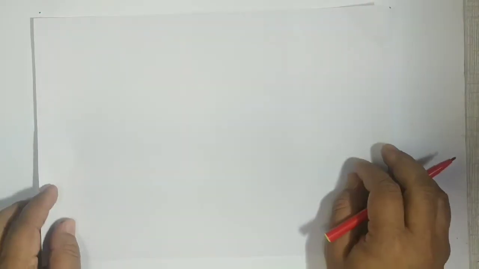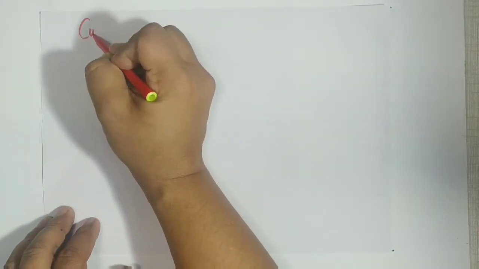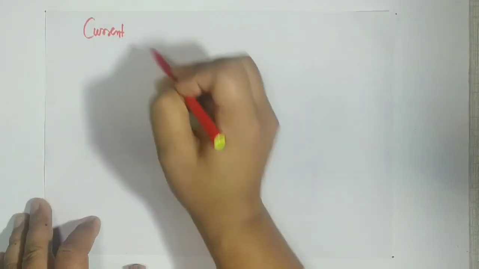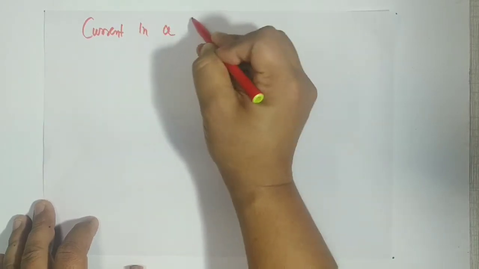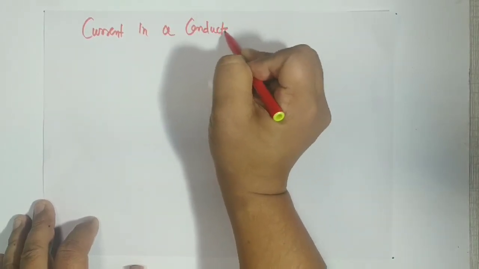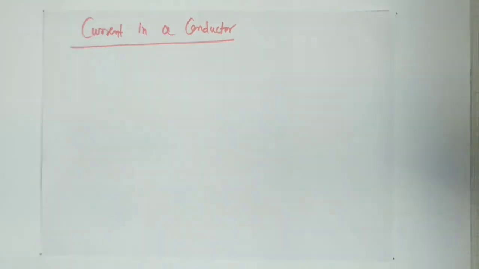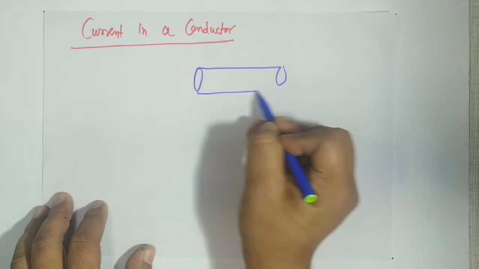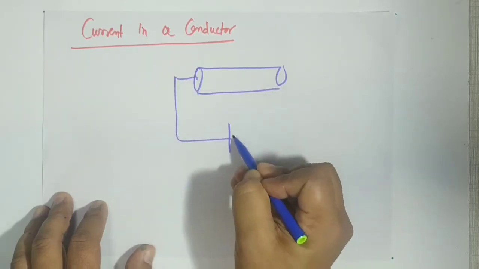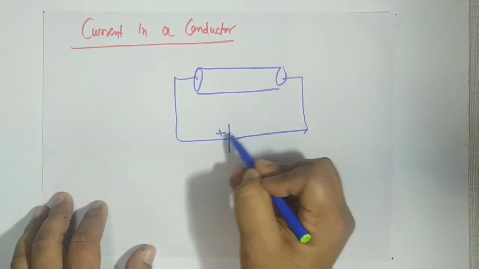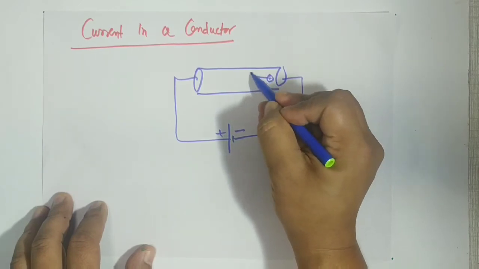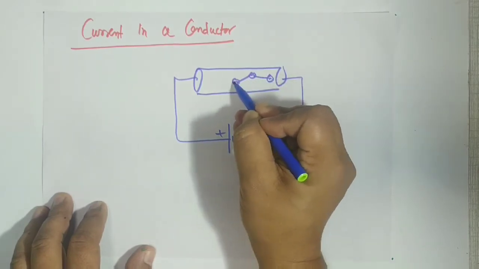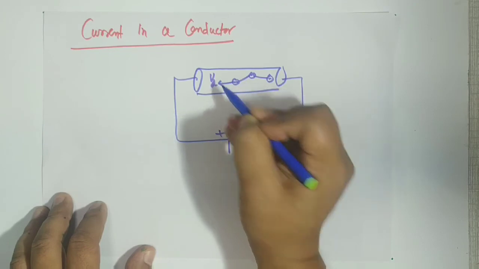Okay, there is a very important thing. Yesterday when we were talking about drift velocity, there is a simple concept: what will be the current in a conductor. That is a small derivation. If there is a conductor and a battery, the electrons will get drifted towards this side with velocity Vd.